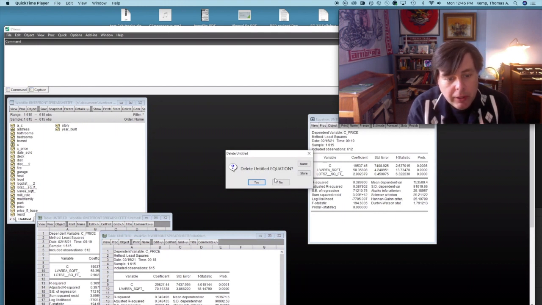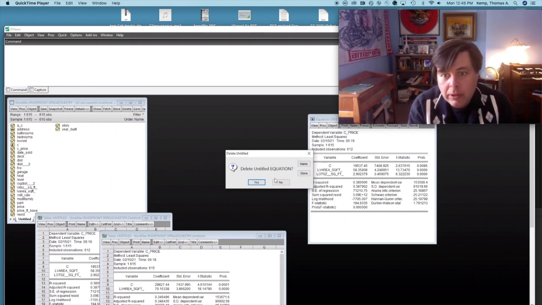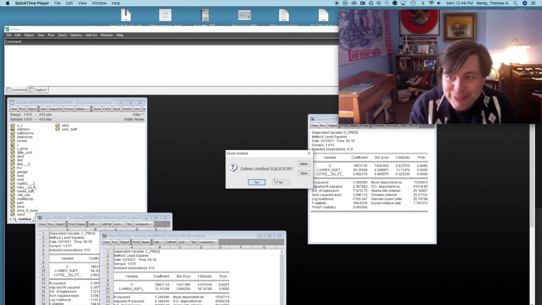You'll notice that our coefficient associated with living area has gone down, right? So it was 70 before. I can see it down over there, 70.16, and now it's 58.35. Does that mean that suddenly living space got less valuable? No, of course not.